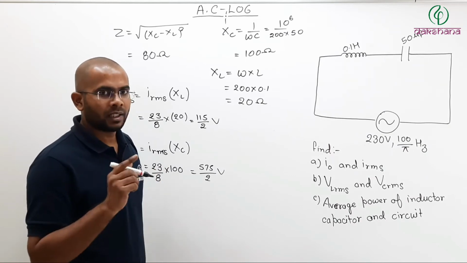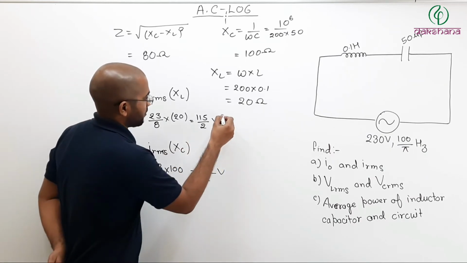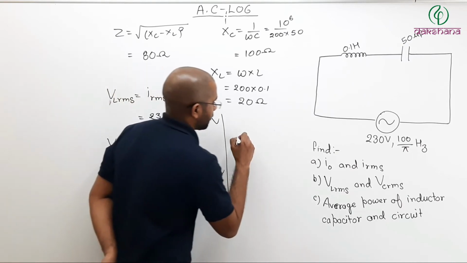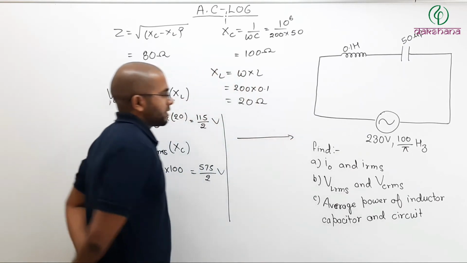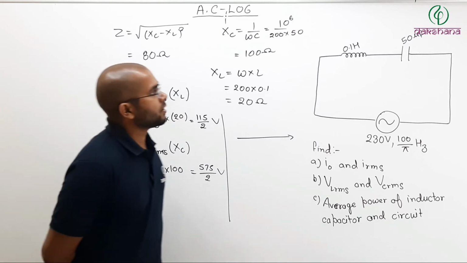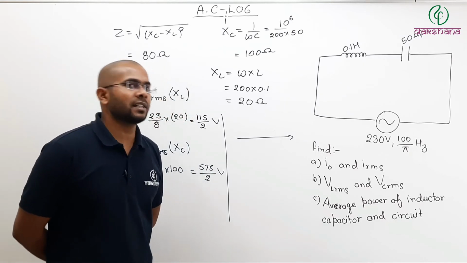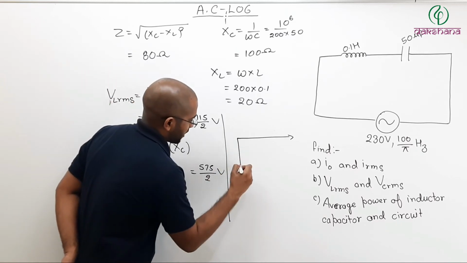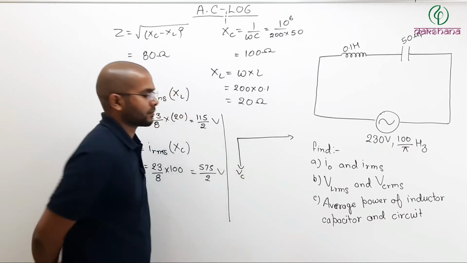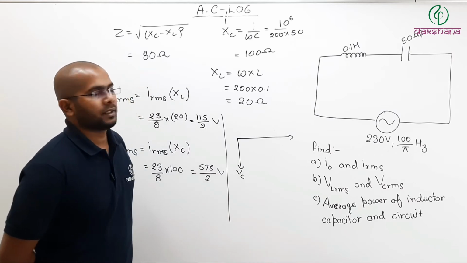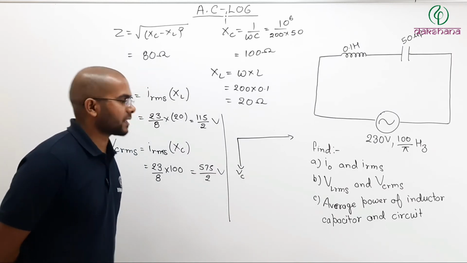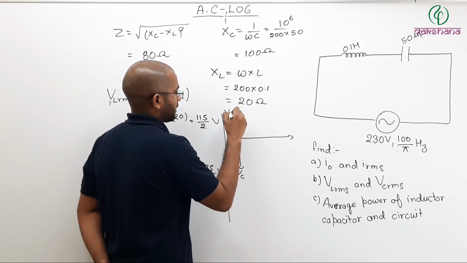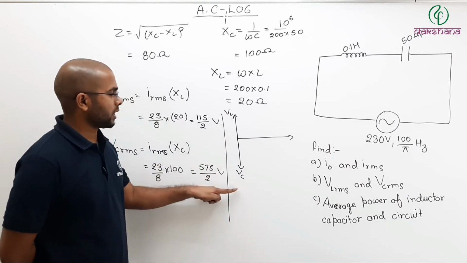If you remember, they cancel each other. Let us say this is a series circuit. Suppose this is the current. In case of a capacitor, current leads voltage by pi by 2, so the voltage of the capacitor will be shown like this. In case of an inductor, current lags voltage by pi by 2, so the voltage of the inductor will be like this. What would be the total voltage?